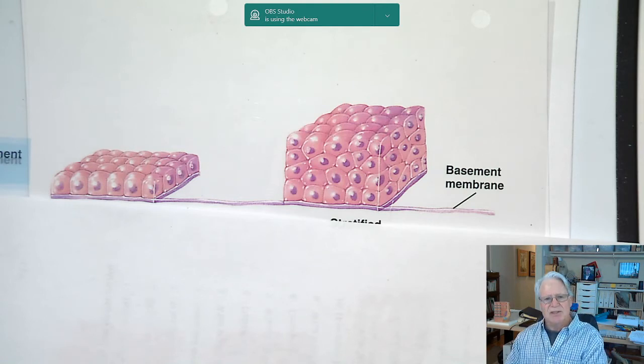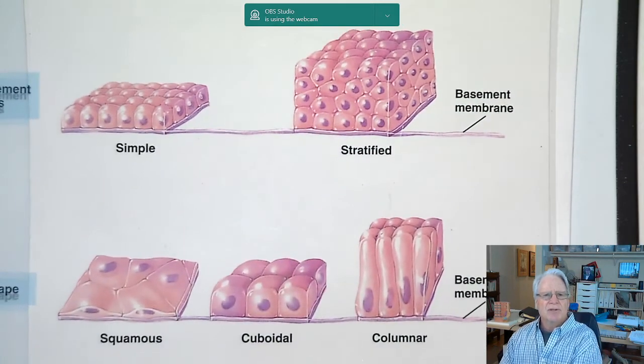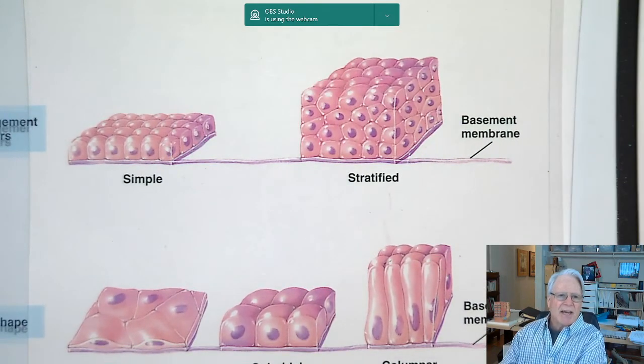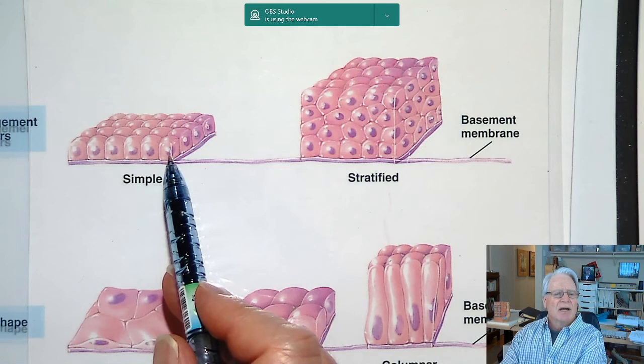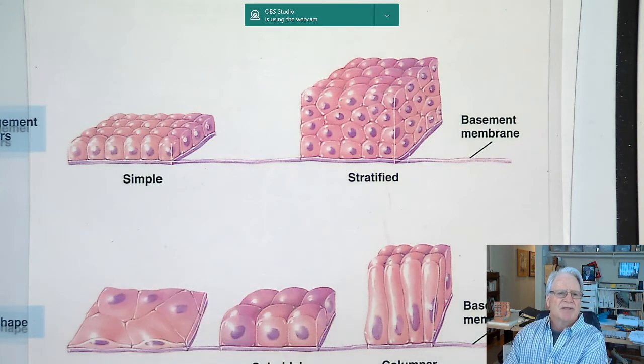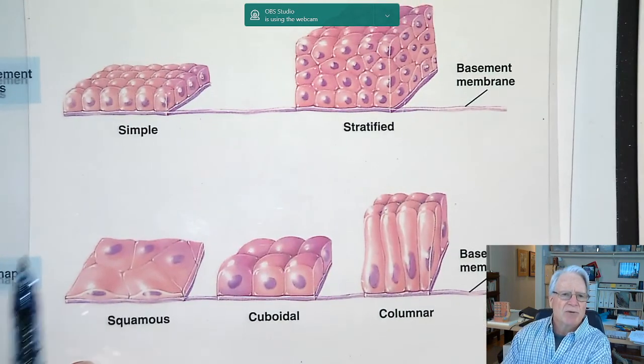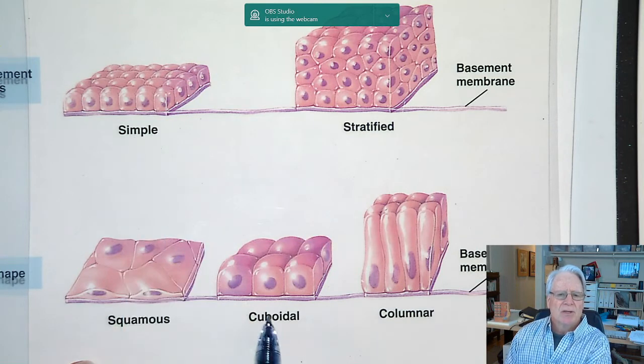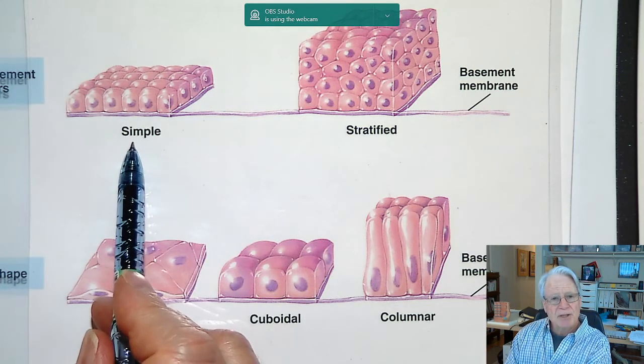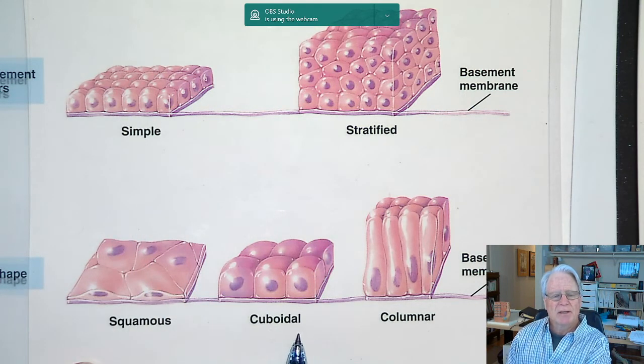Well, let's take these examples and name some tissues. So I'm going to say that I have a single layer of cube-shaped cells. So that would be called simple cuboidal epithelium. Simple cuboidal epithelium.